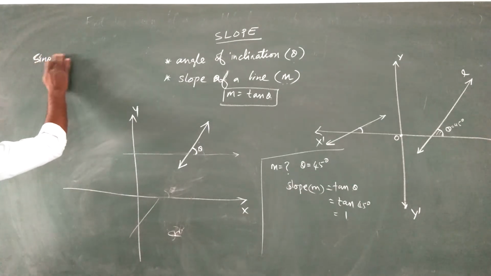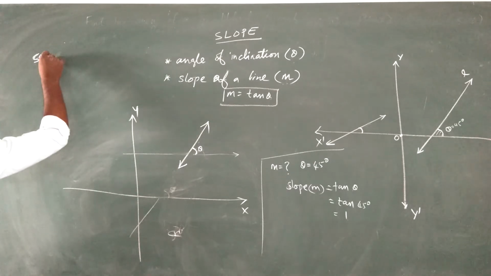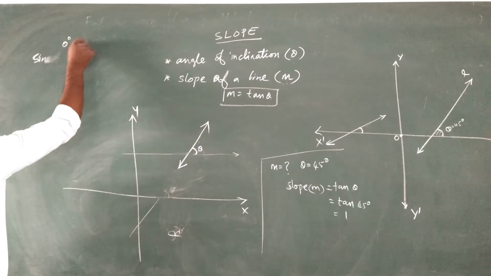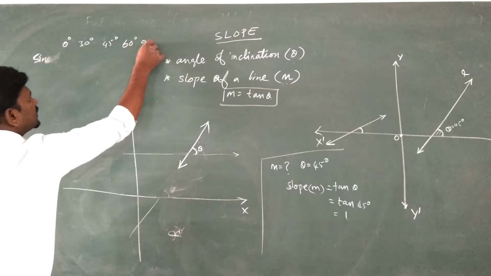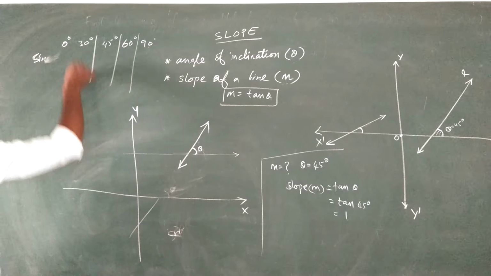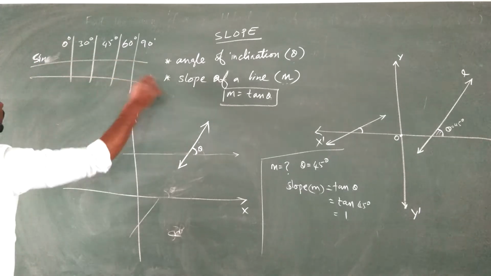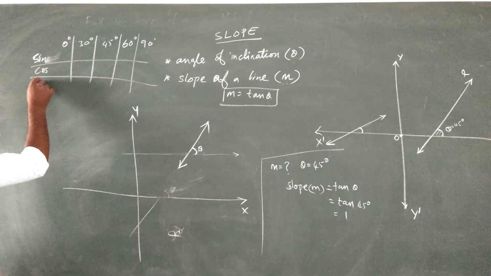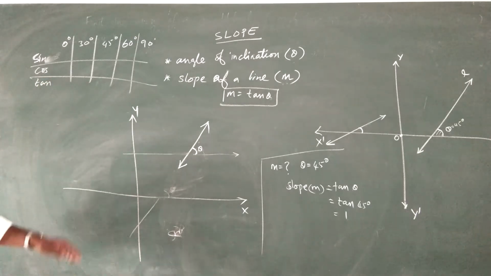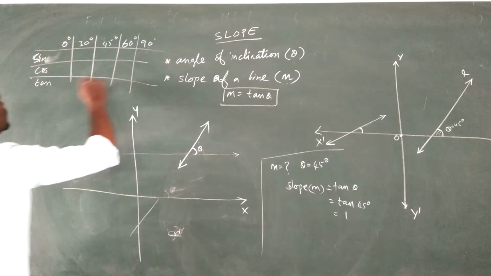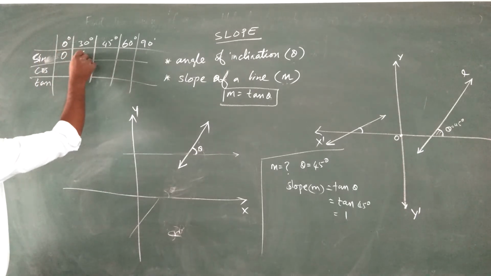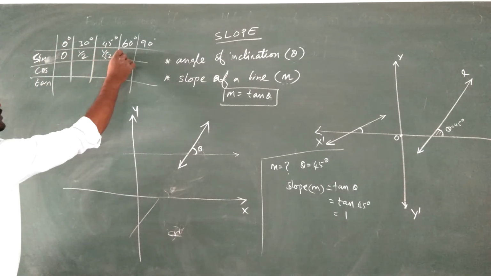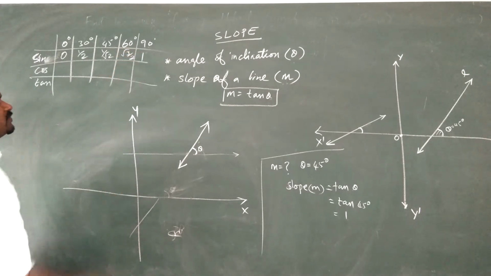Sin theta, what are the values for sin? 0, 30, 45, 60 and 90. Sin, cos, this is tan. How to keep these values in our mind? So we have to know the first thing, 0, 1 by 2, 1 by root 2, root 3 by 2, 1.